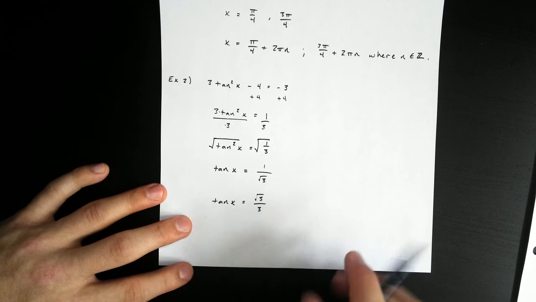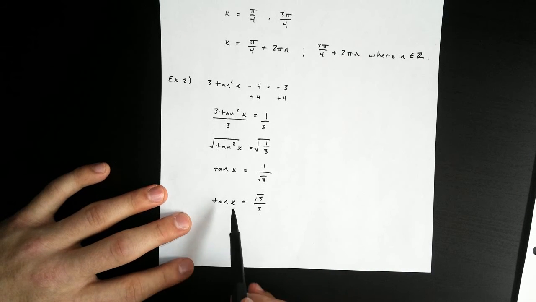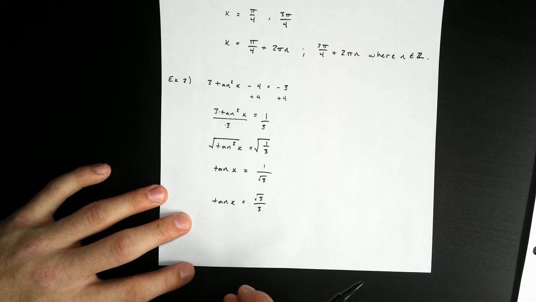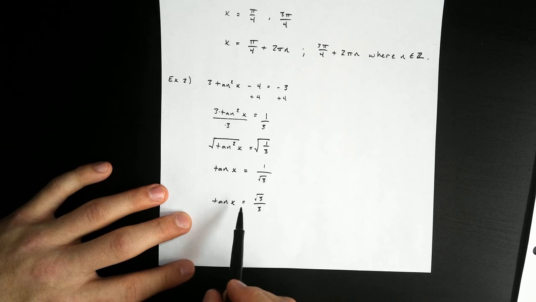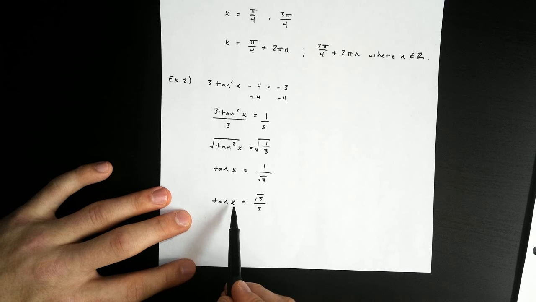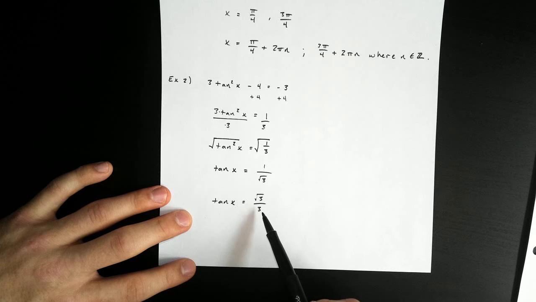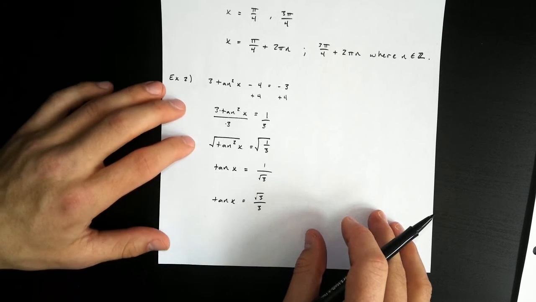Okay. So now that we're isolated, to finish solving this, we're looking for the value of x that, when we plug that into the tangent, we end up with the square root of 3 over 3. Or what angle results in a value for the tangent of the square root of 3 over 3. Remember, tangent is y divided by x.